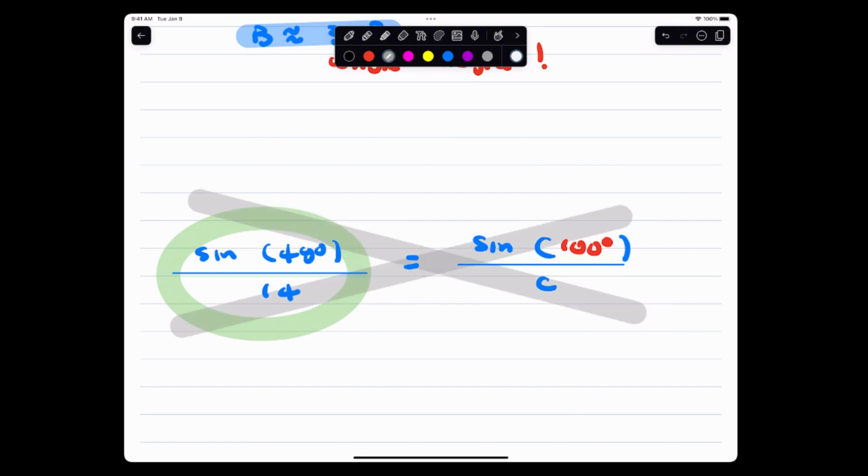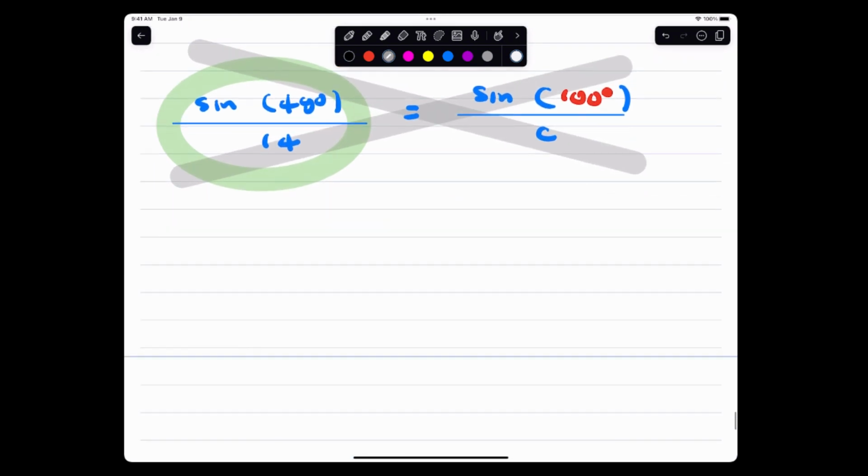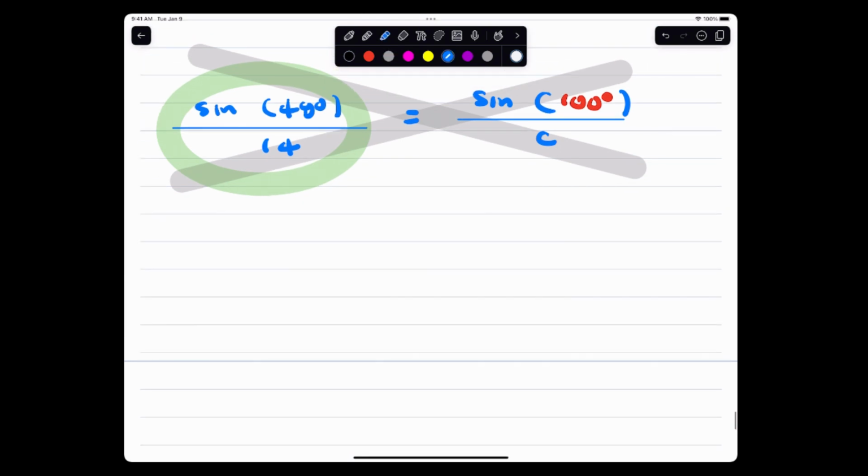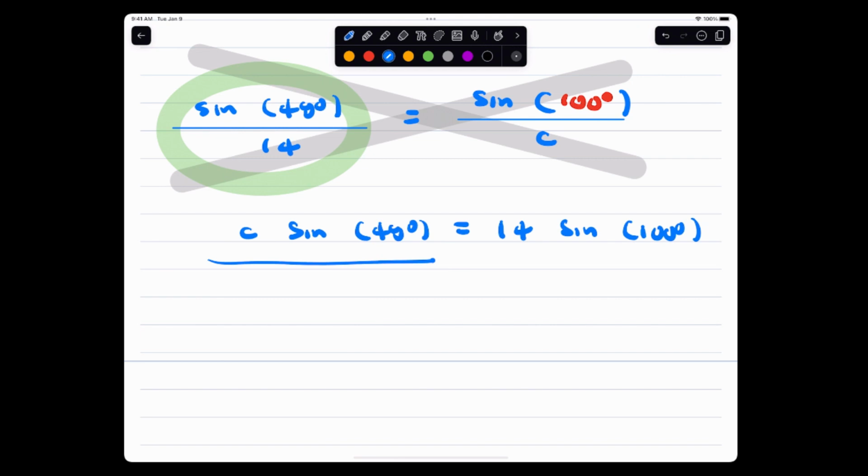Yes. So now, if we cross multiply, here's what you get: c sine 48 degrees equals 14 sine 100. So you divide both sides by sine 48.